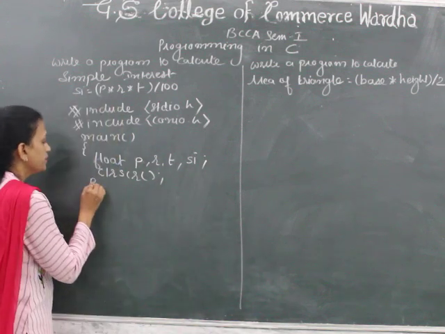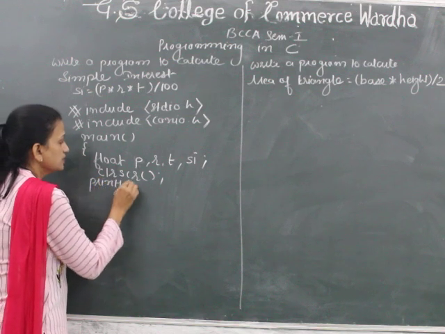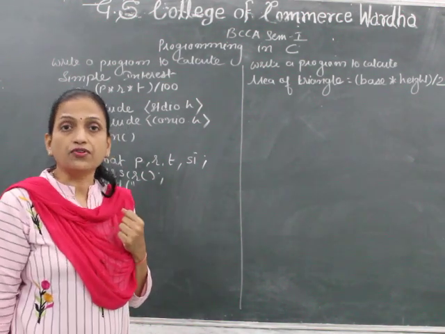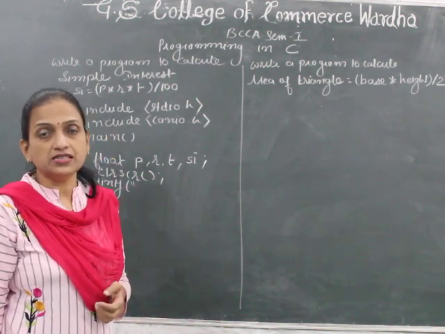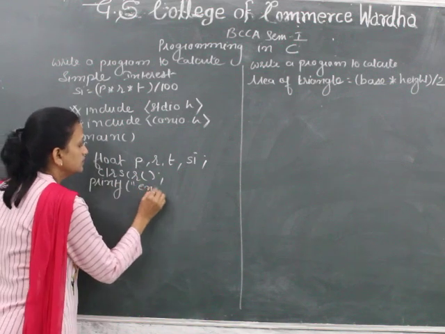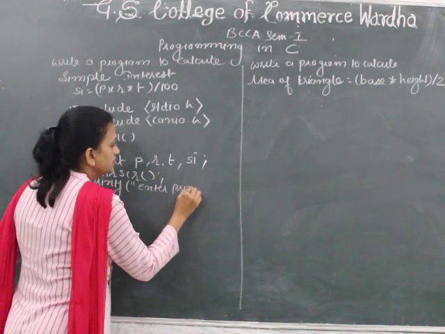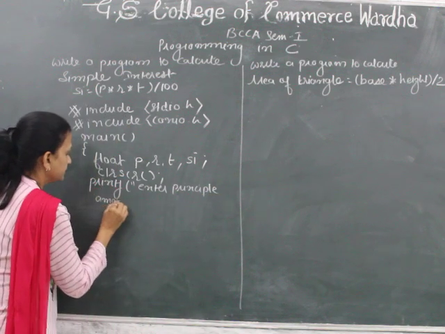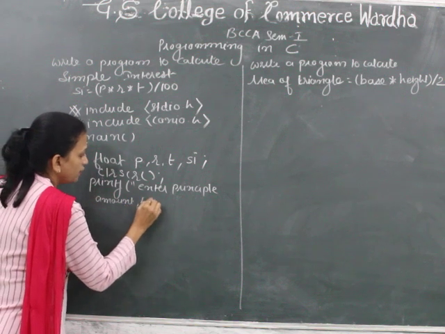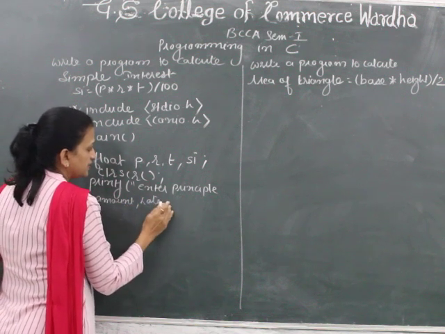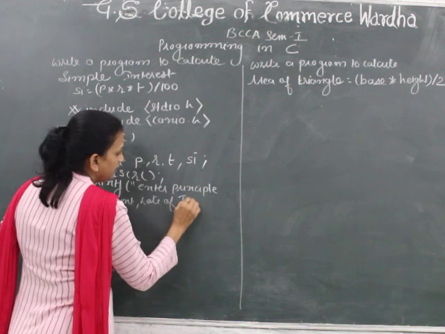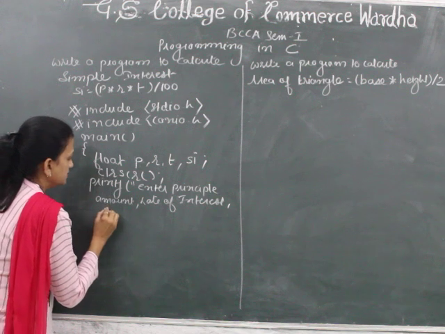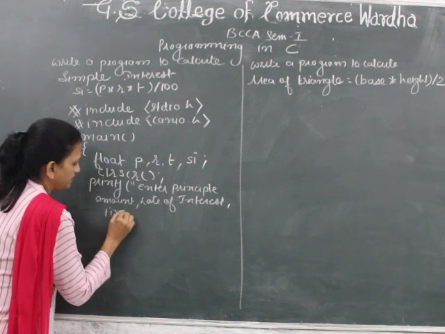Then, to ask for input from the user, you need to print a message: enter principal amount, rate of interest and time period, or time we can say.